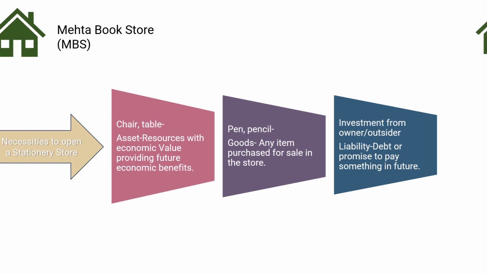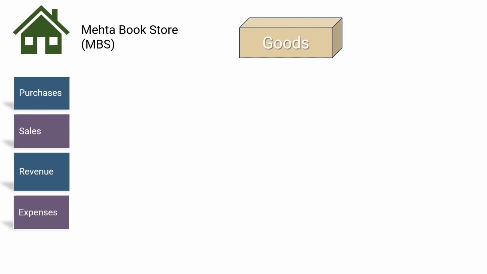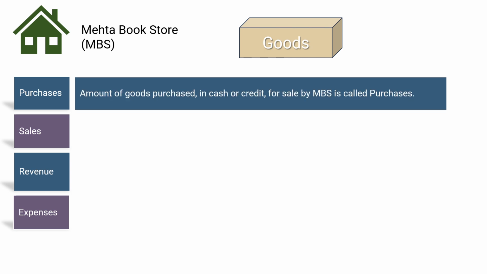Now coming to the next topic, which are all basically related to goods: purchases, sales, revenue, expenses. Purchases. So any amount of goods which is purchased for sale is called purchases.